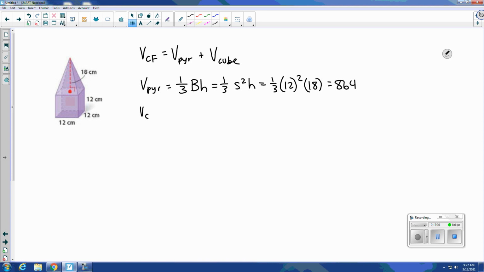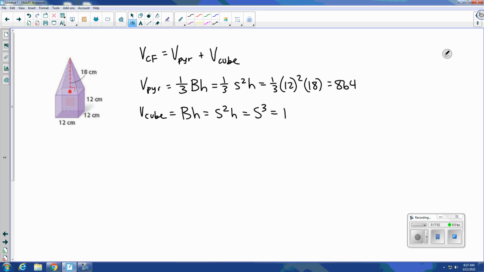Then for the cube, it's a nice simple formula, but this is also a prism in disguise. We have base area times height, if you want to think of it that way. The base is a square, and the height is also s in this case, so we get s cubed. But that is an actual prism, so we can still use that base area times height formula.